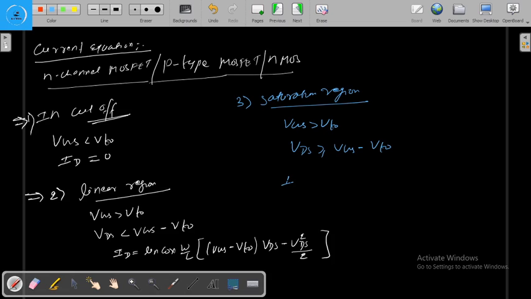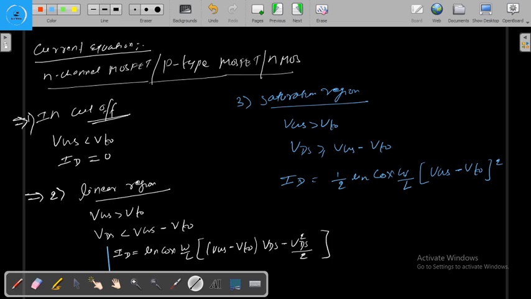Here the drain current equation will be 1 by 2 mu n COX W by L, where mu n is the mobility, COX is the oxide capacitance per unit area, W is the width of the channel or gate, and L is the length of the channel, into VGS minus VT naught whole square. The derivation of this equation is not at all necessary for the GATE examination.